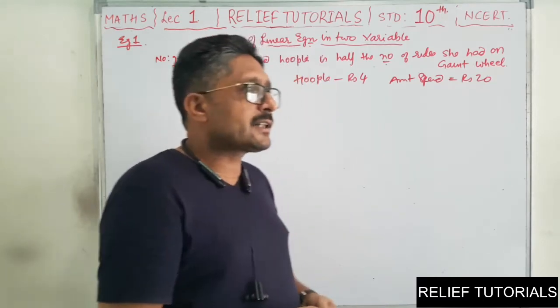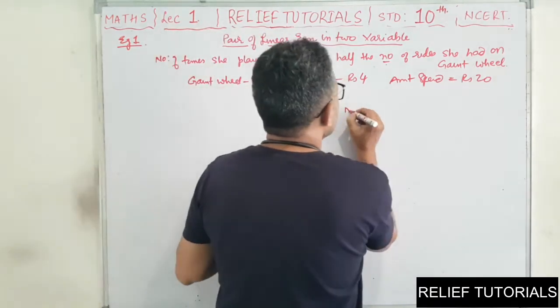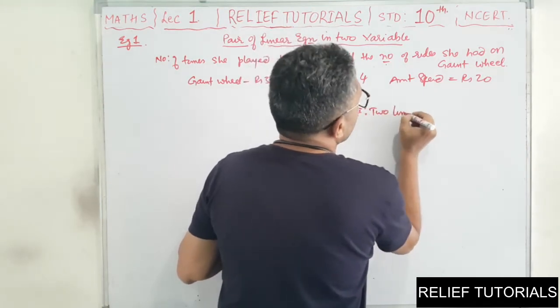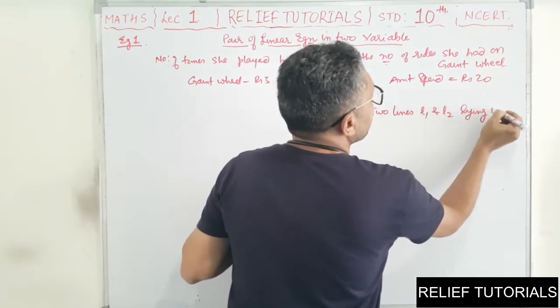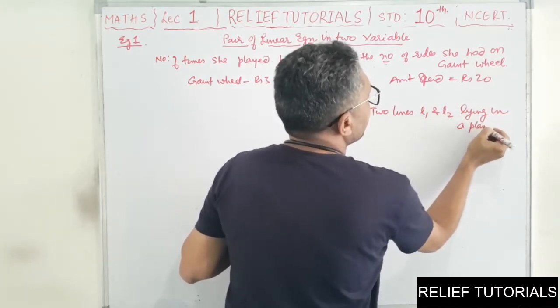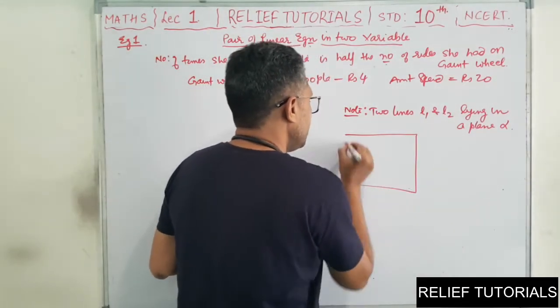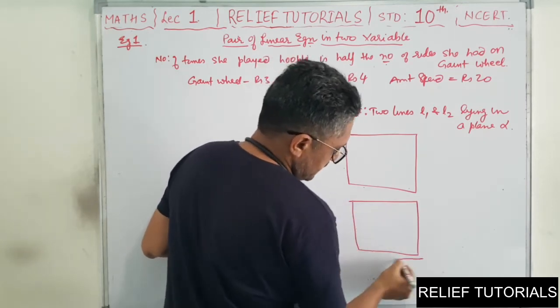So there are three conditions for two lines lying in a plane. Note here: two lines L1 and L2 lying in a plane alpha. First condition, this one; second condition, this; third condition, this.